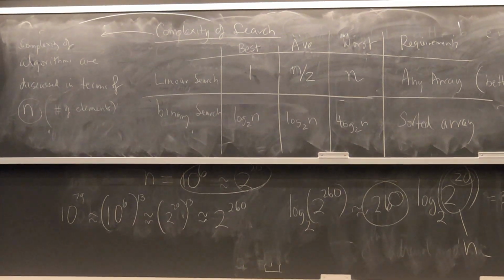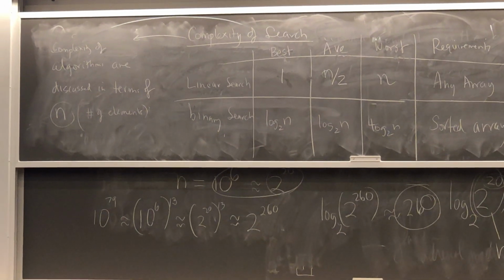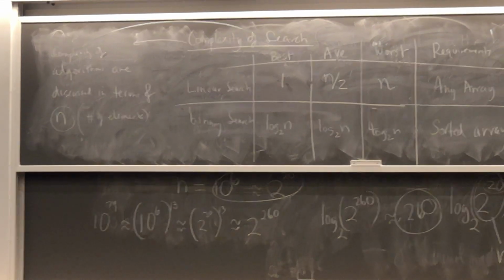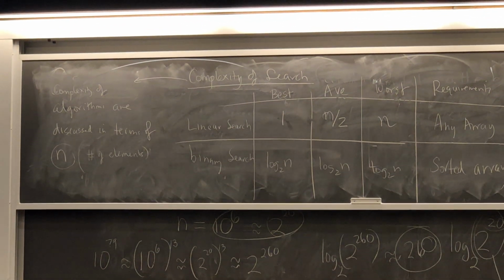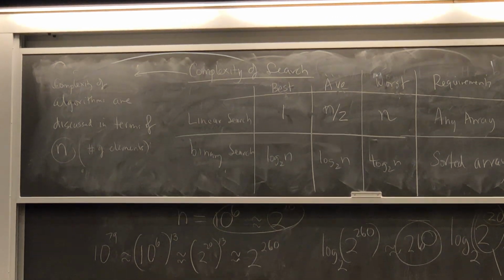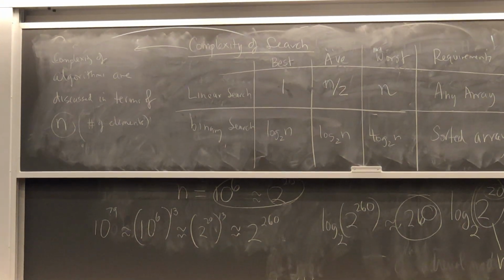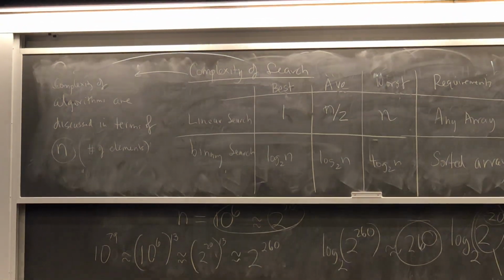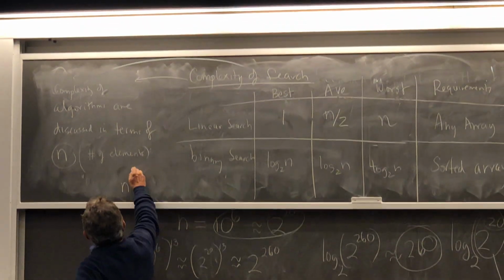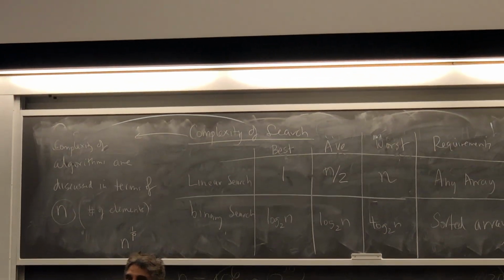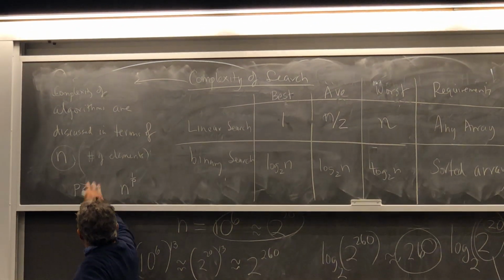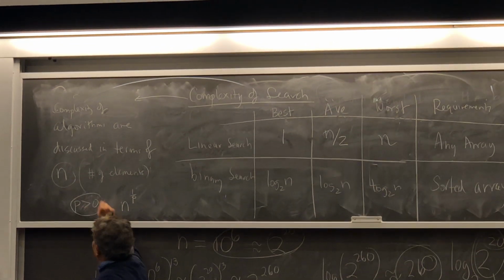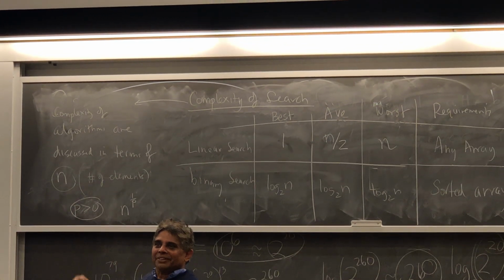That's not bad. So you can see why the logarithm is so important. It's a nice number. I think people love logarithms because logarithms are smaller than any power of n. Take any power of n, like n to the power 1 over p. p can be anything, 10, 100, any number.